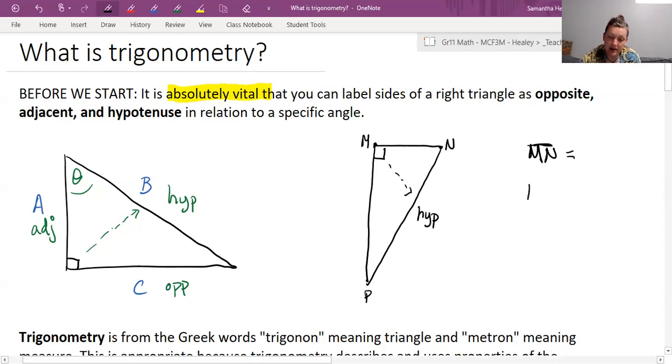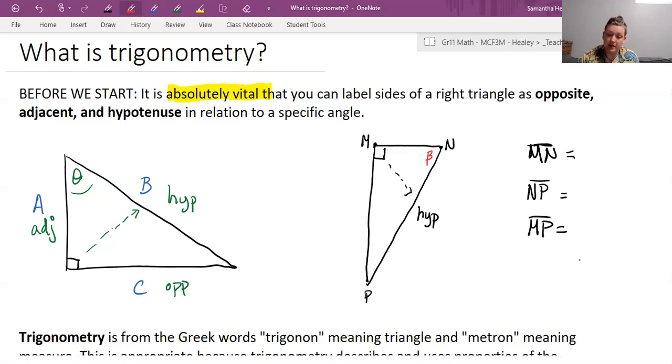So side MN, side NP, and side MP. And I said, in relation to this angle beta, what is each of these sides? Opposite, adjacent, or hypotenuse?